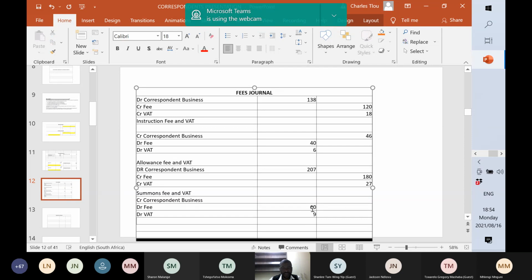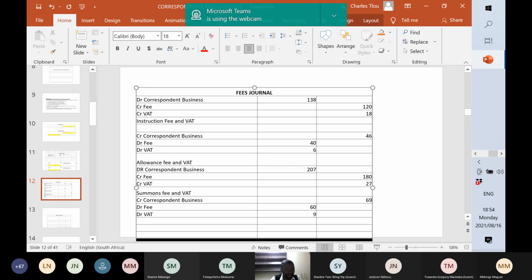And then you say 60 rand plus 9 rand gives you 69 rands. Then you credit correspondent business there, 69 rands.